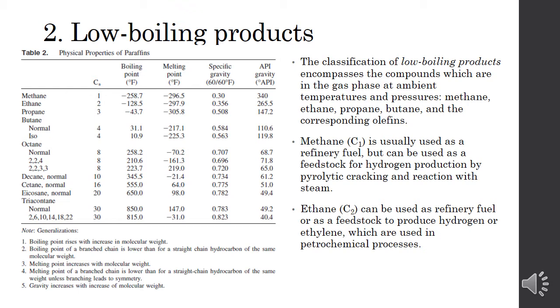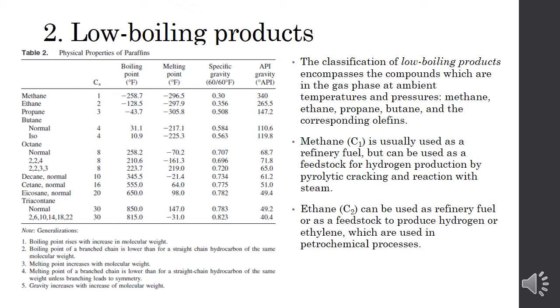Methane is usually used as a refinery fuel, but can be used as a feedstock for hydrogen production by pyrolytic cracking and reaction with steam. Ethane can be used as refinery fuel or as a feedstock to produce hydrogen or ethylene, which are used in petrochemical processes.